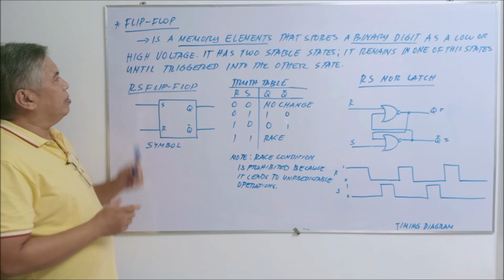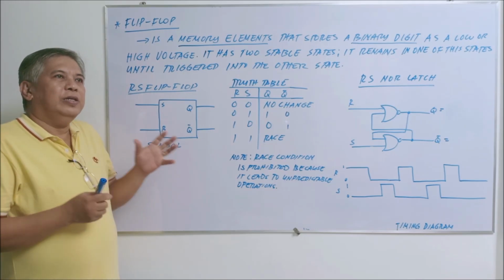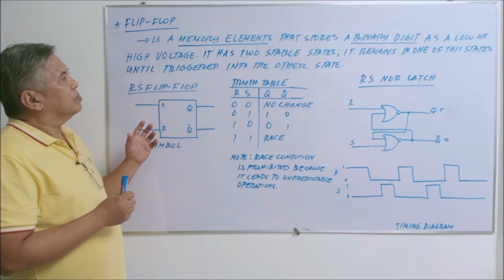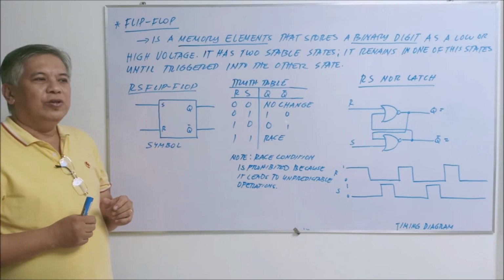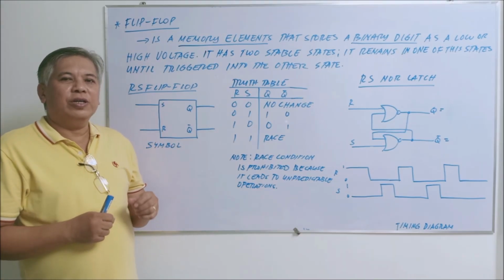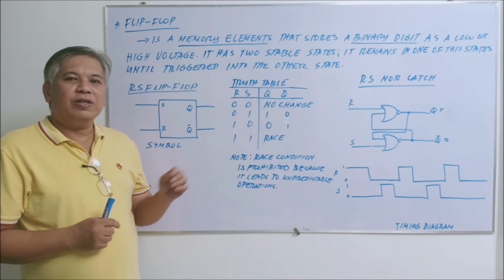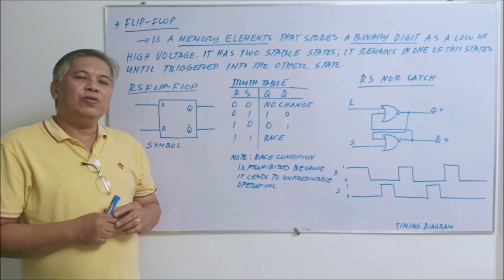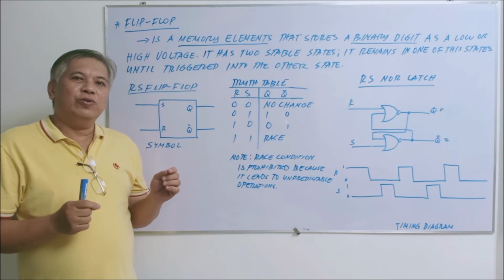Now, remember that when you say memory elements, these are components which are present in your computer, for example, or in your cell phone. So any other gadgets that require memories. So for example, in your computer, there are two memory elements or storage elements.